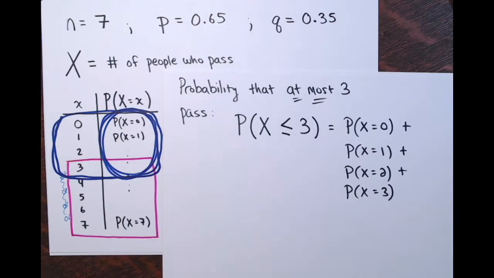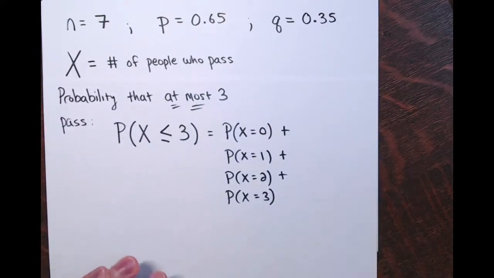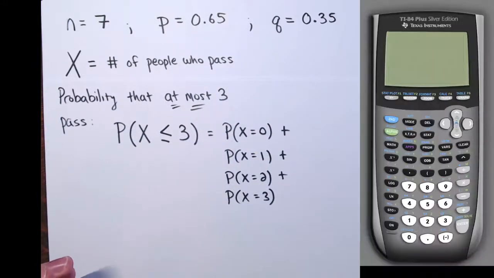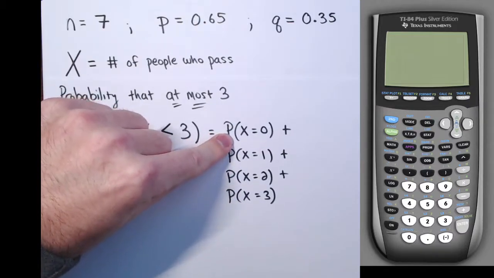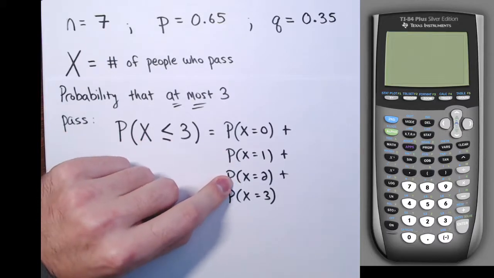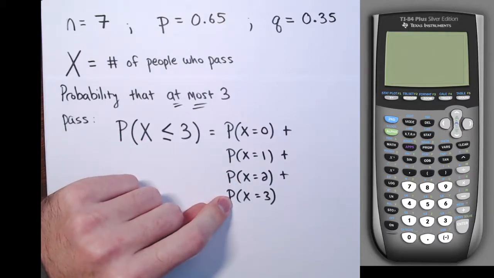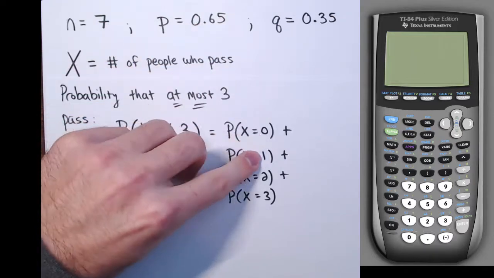Now, told you earlier, let's switch this over. I'll pull the calculator up. You could do binom PDF plus binom PDF plus binom PDF plus binom PDF, where n is 7, p is 0.65, and then x is 0, x is 1, x is 2, x is 3.